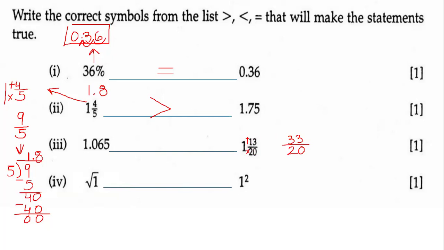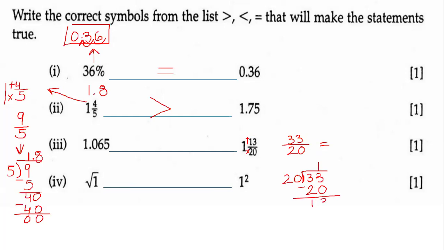And then we say how many times does 20 go into 33? Once. 33 minus 20 is going to be what?